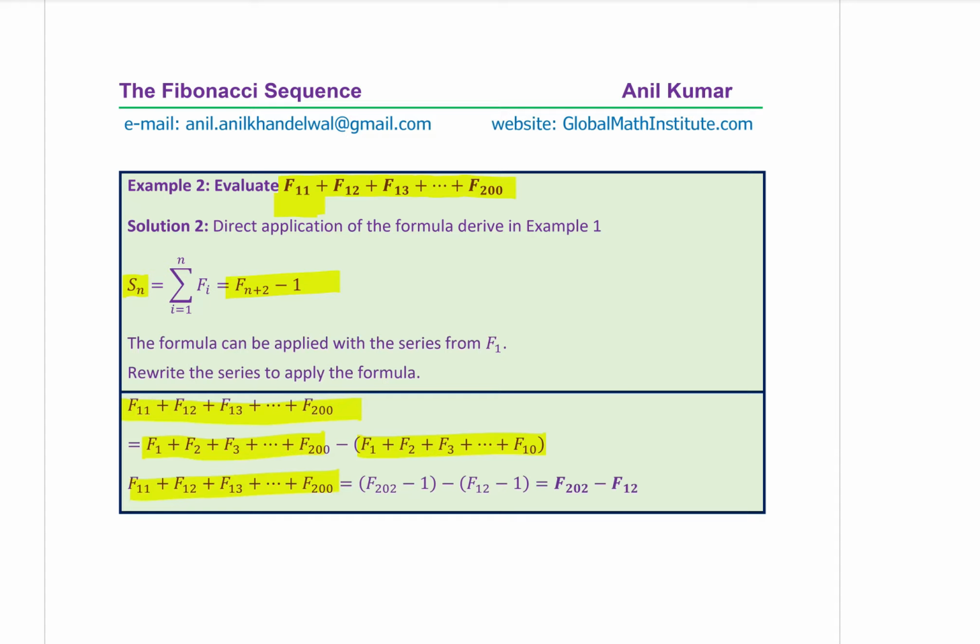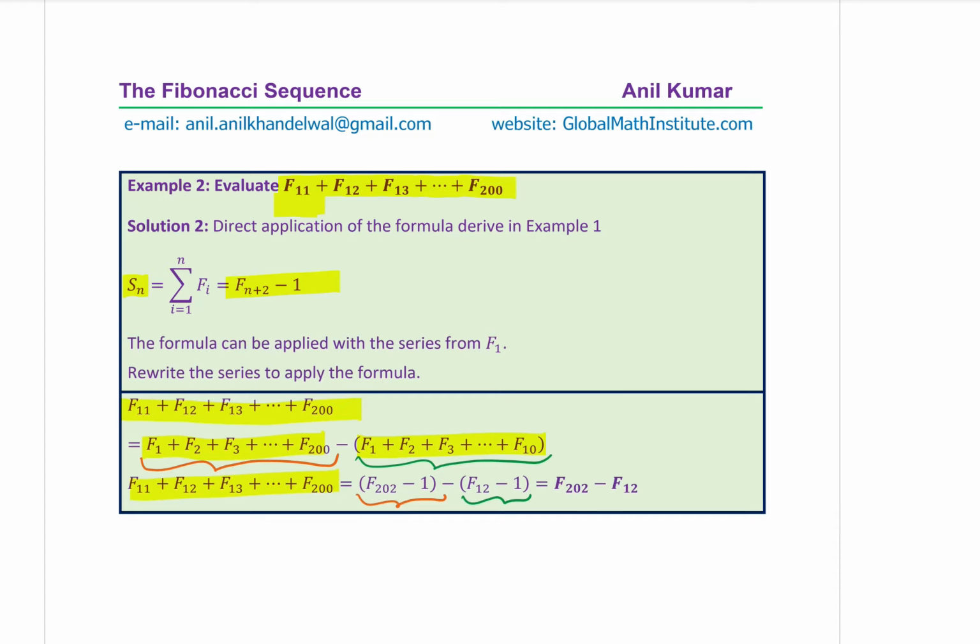Now, coming back to the formula itself, what is the sum of F1 to F200? Well, the sum of F1 to F200 is F202 minus 1, right? The term number 202 minus 1. Similarly, what is the sum of F1 to F10? It is F12 minus 1, and the minus 1, as you can see, cancel away.